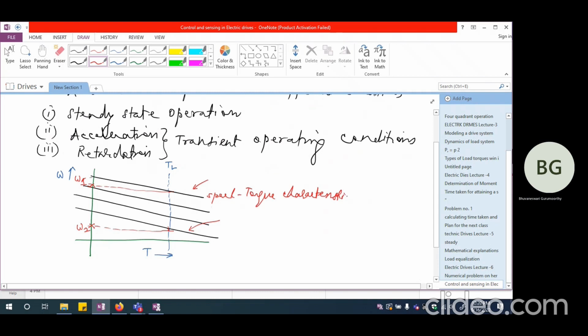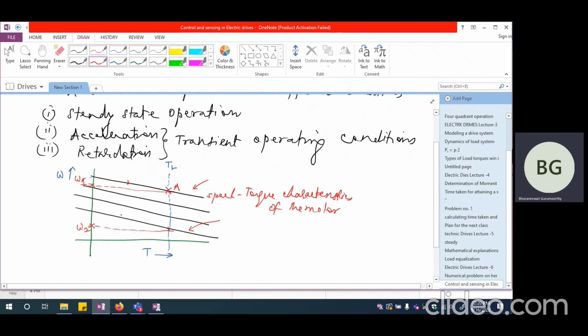Okay, so if my motor follows this particular speed torque characteristics, then I'm going to have the operating point as A. This is going to be the operating point.